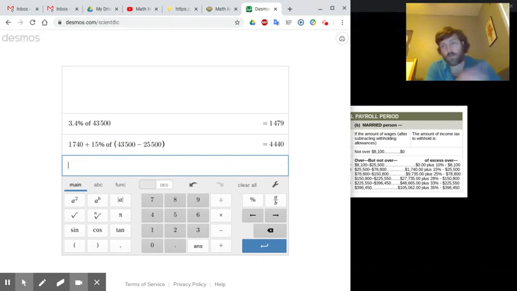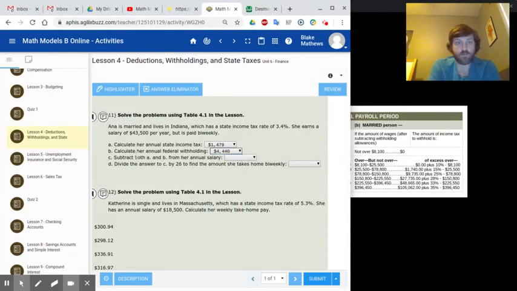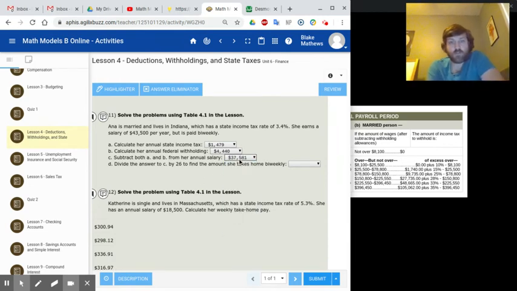And that's what we did in the previous section. So these are the two withholdings. That's the state right there. We already entered the answer. And then here's the federal. Now subtract them. When we subtract those from the total amount, we're going to get this number right here. You can do that if you need to verify, but I'm pretty sure it's the only one that works.